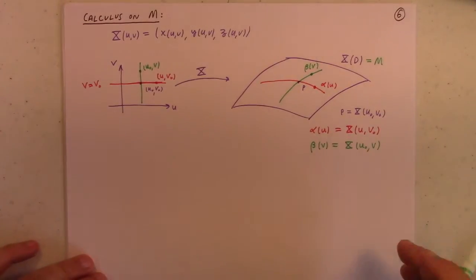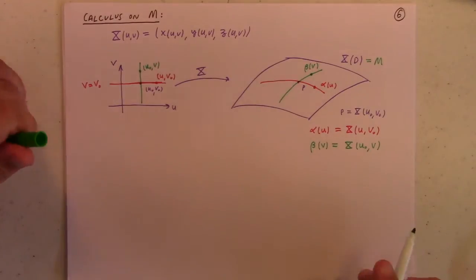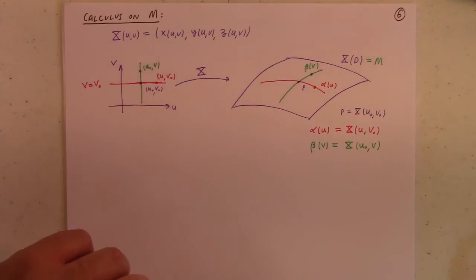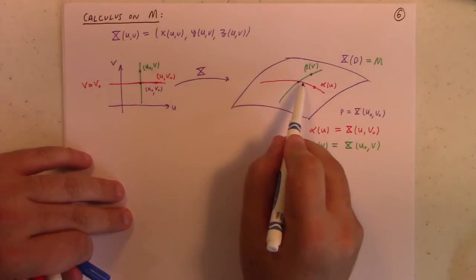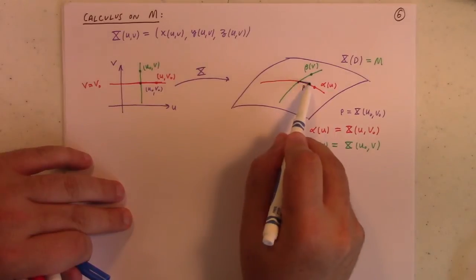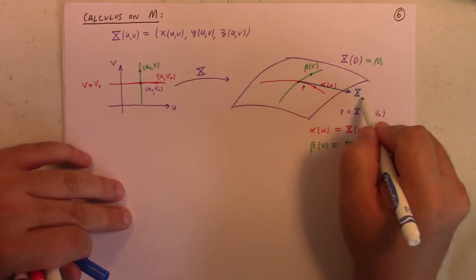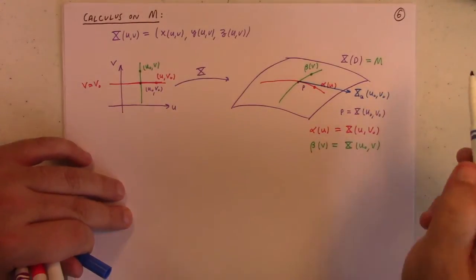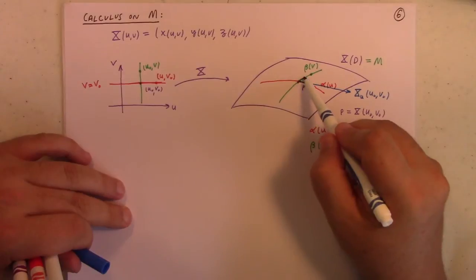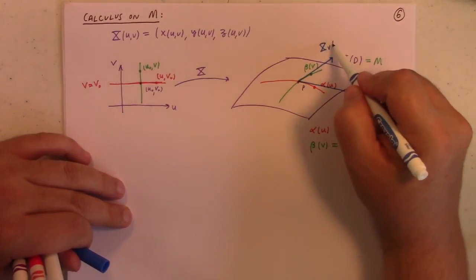Now you can then define partial velocities on the surface in terms of tangents to these curves. So let's see here. For alpha, if you want me to picture it, I can picture the velocity as if it's attached there like that. That would give what's called x u of u naught v naught. And then up here, we'd have x v of u naught v naught.